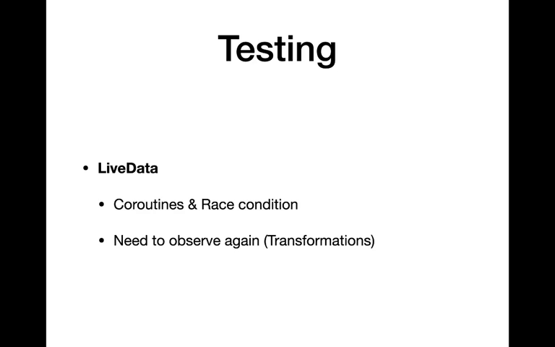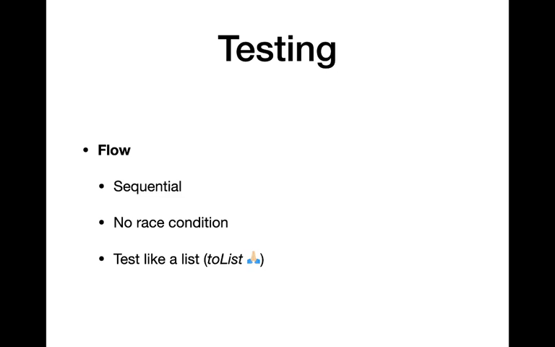But with Flow, because it's sequential and because it has back pressure, you will get every value that the Flow emits, right? So there is no race condition. You will get every emitted value from the flow. And the coolest part is you can actually test it like a list with the toList function.